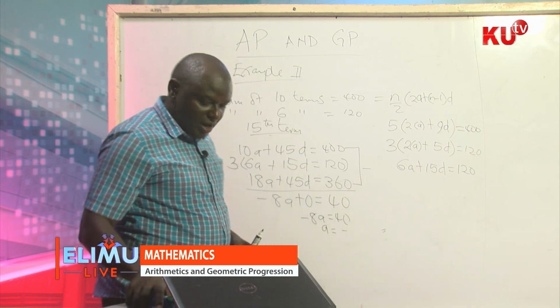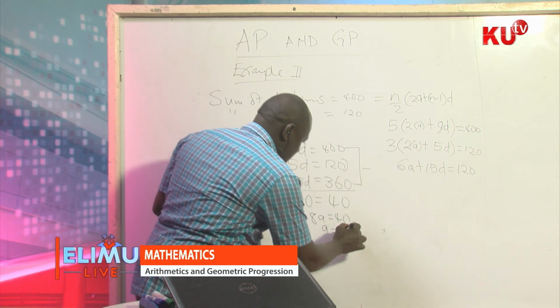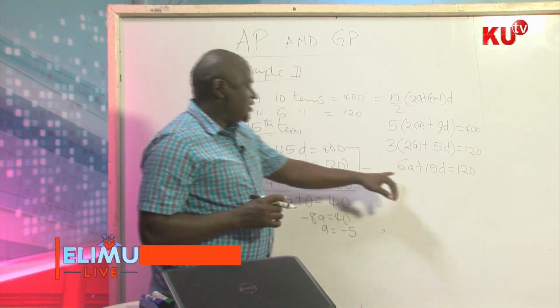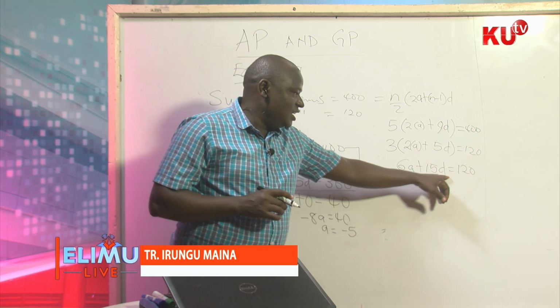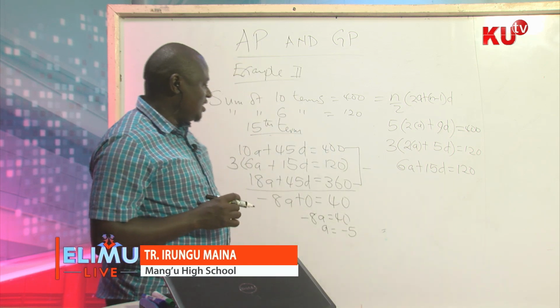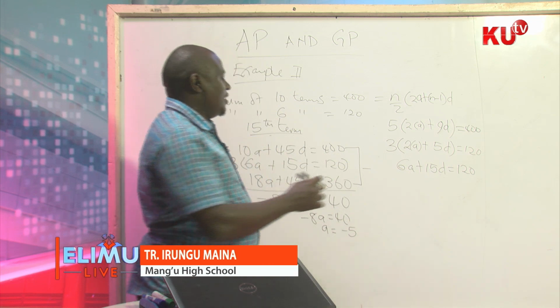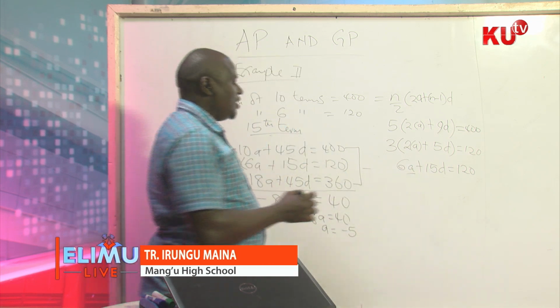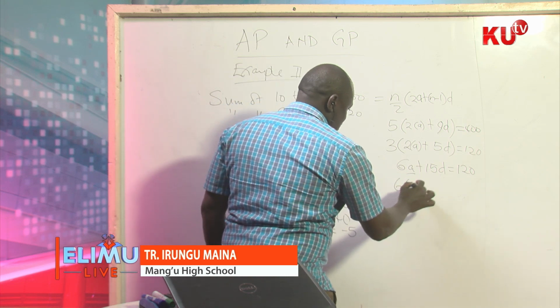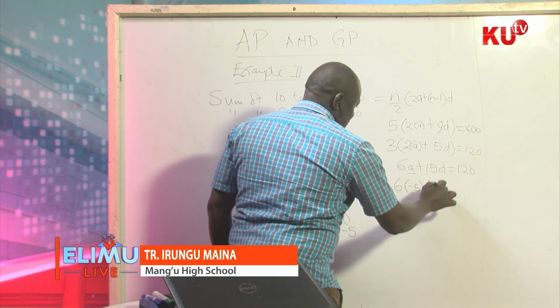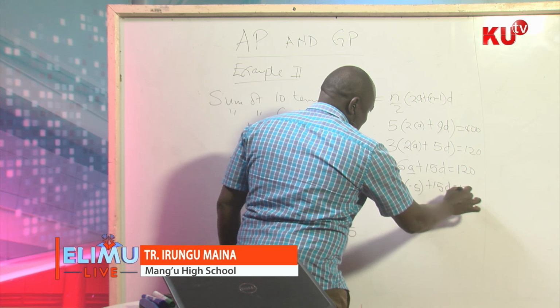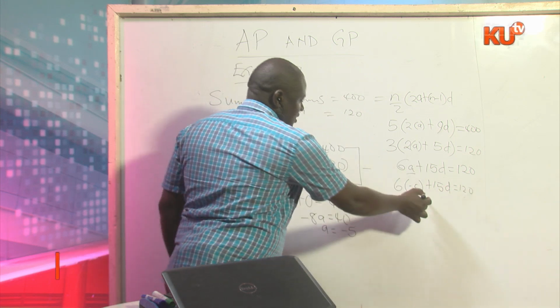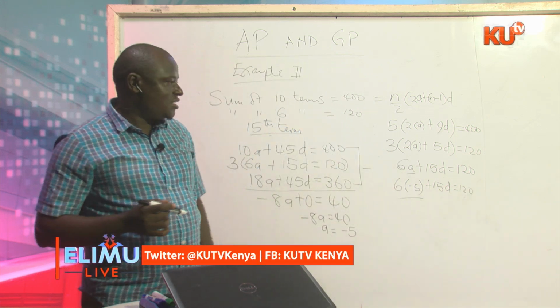We have gone back to the second equation. 6A plus 15D equals 120. We replace A with the negative 5 as we have found out. Then we have 6 into bracket negative 5 plus 15D equals 120. In that case, this is a negative 30.